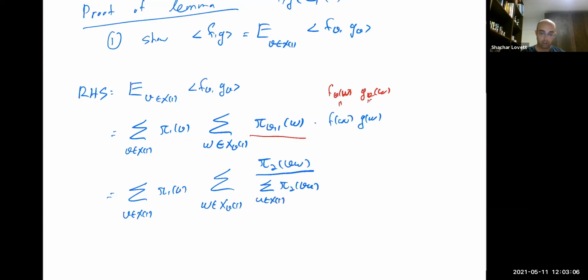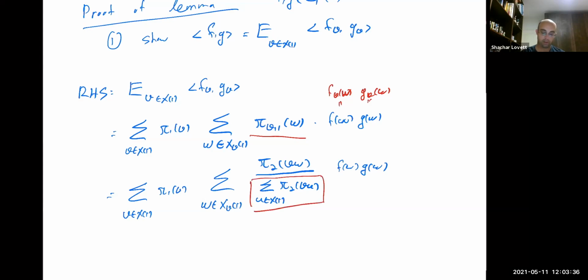What is the conditional probability of seeing W in the link of V? We defined this last lecture, so I don't know if you remember, we just said, well, take whatever you get from pi2 of VW, but then normalize it so it sums to 1. So we just sum over all U that is in the one link of V. And again, times the same thing, FW GW.